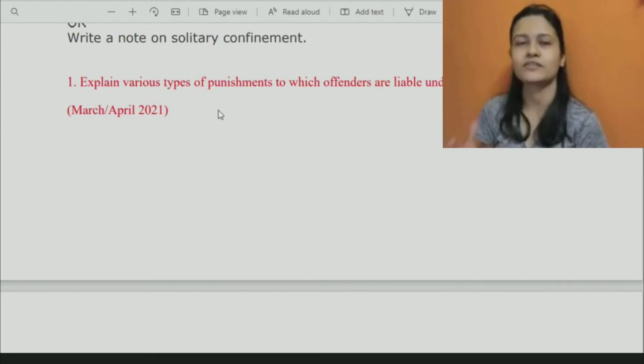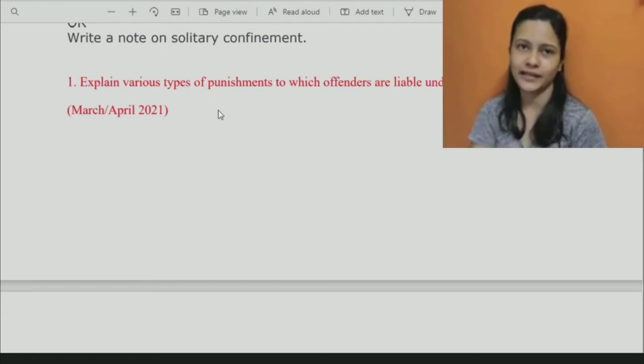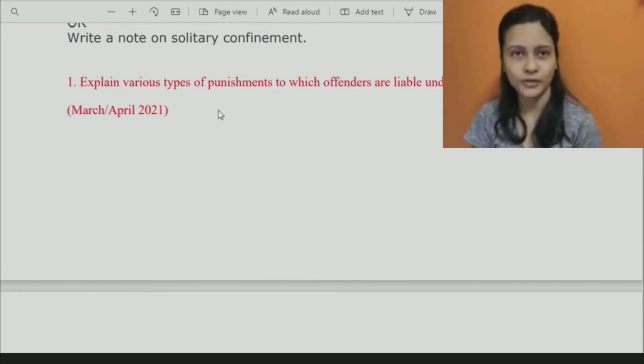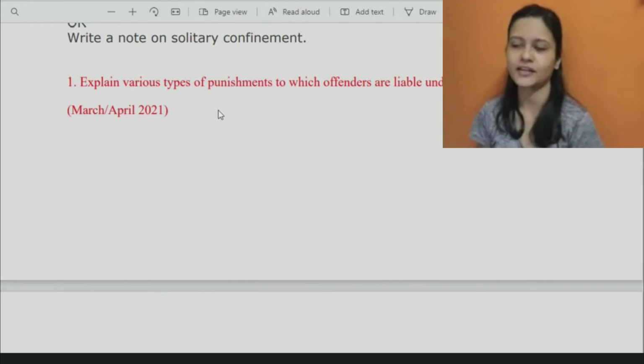Like in case of civil suits, there may be compensation or damages, or specific performance of contract that can be asked for. But what are the types of punishments that are mentioned under IPC? We are only concerned with that part.